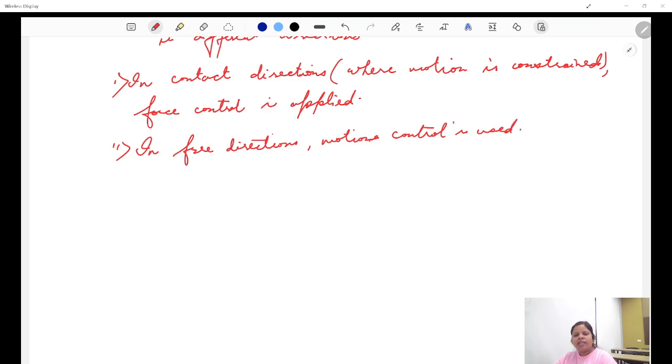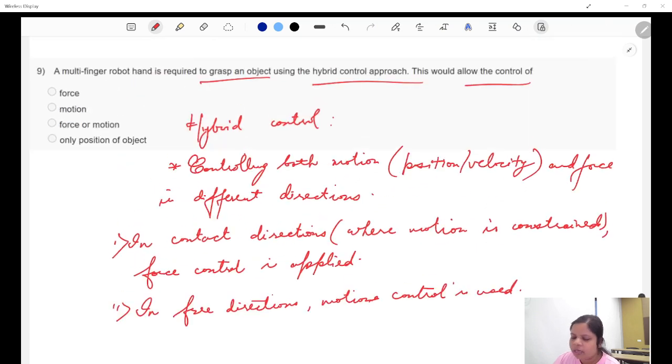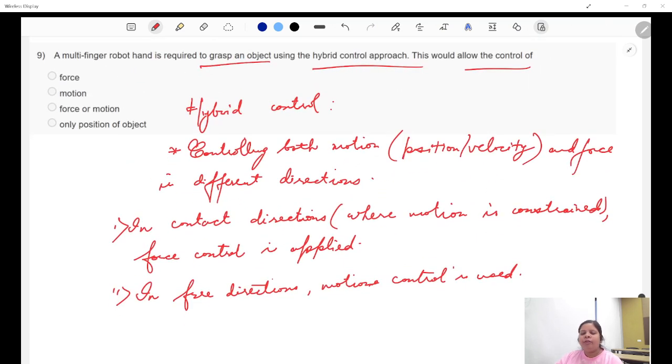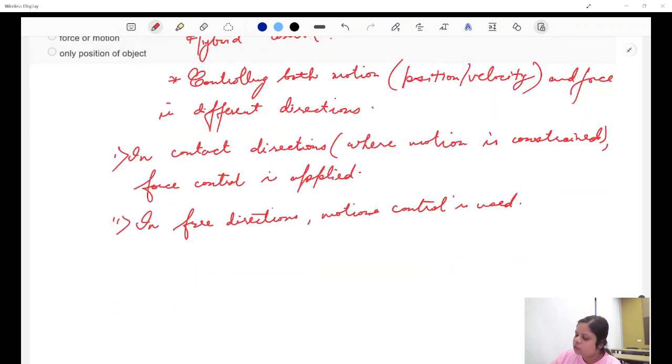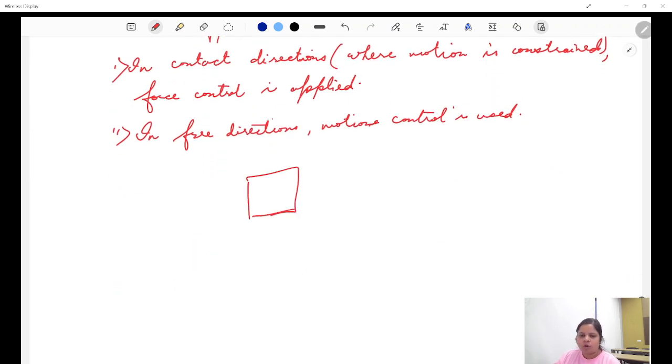For example, with multi-finger grasping, we want to control the force applied to an object to prevent slipping in the normal direction. Let's say this is the object you want to hold. We don't want it to slip, so you apply force in this normal direction.